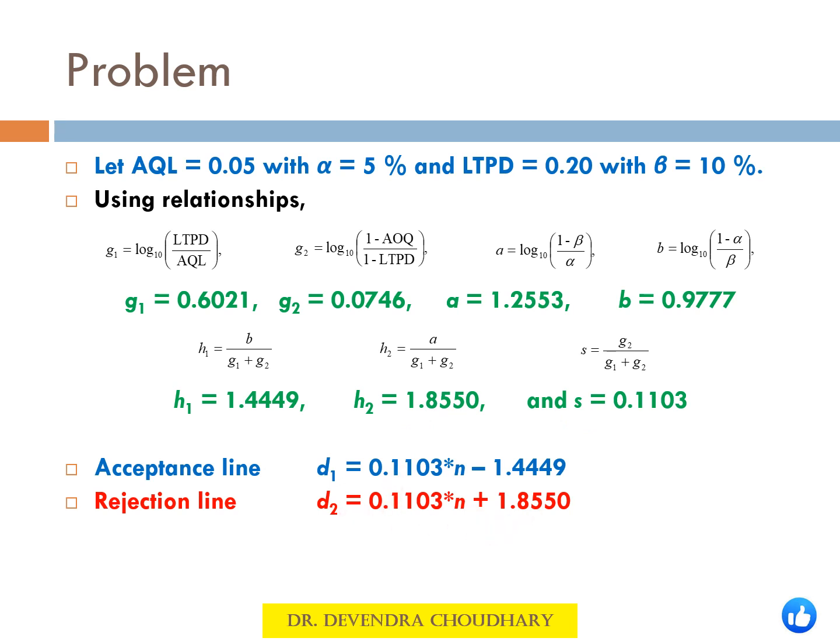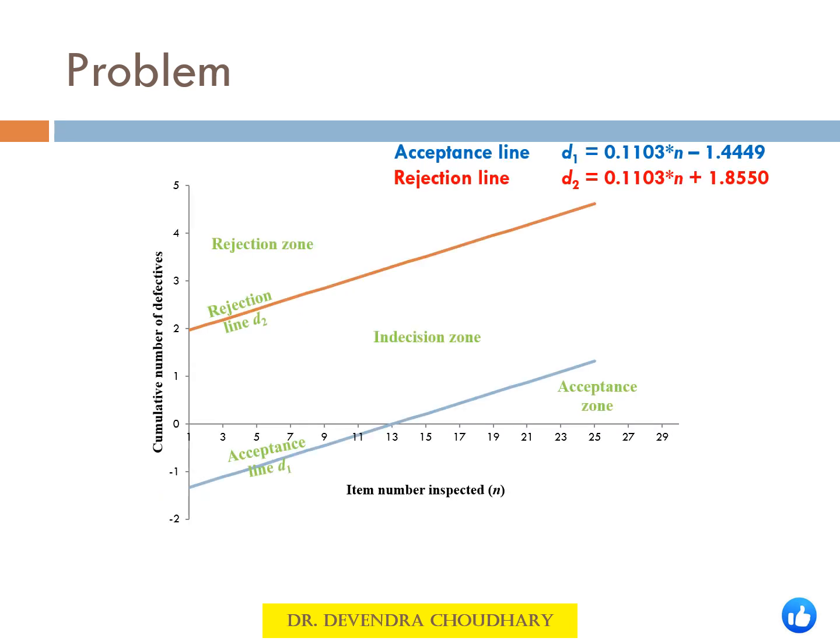We can plot these lines, and we have a graph between cumulative number of defectives versus item number inspected. This is the rejection line D2 and this blue one is the acceptance line.